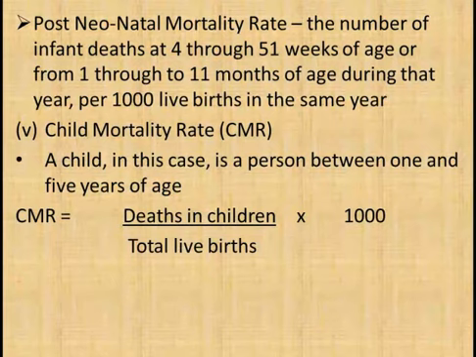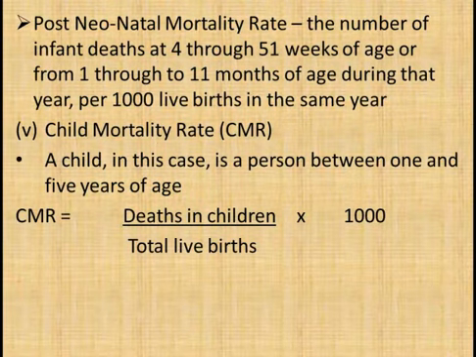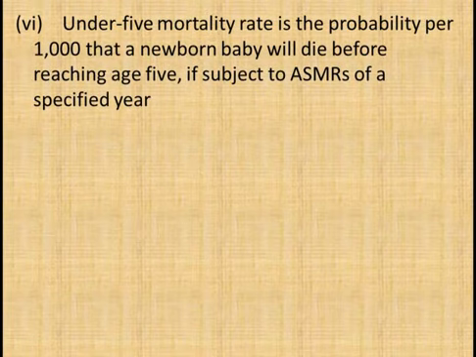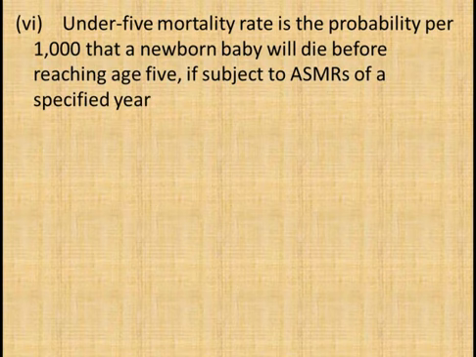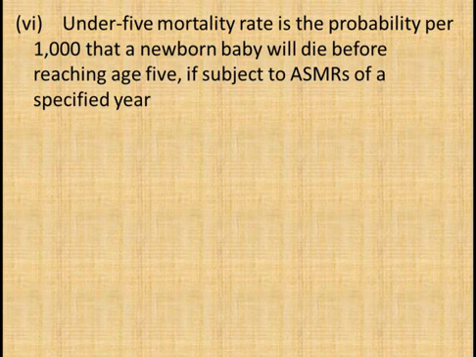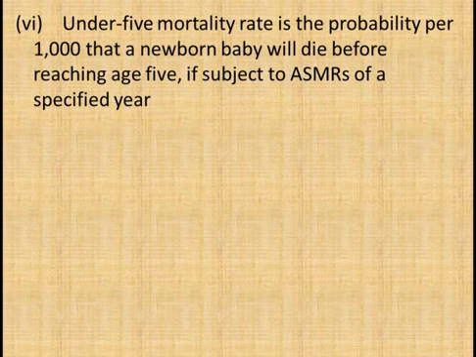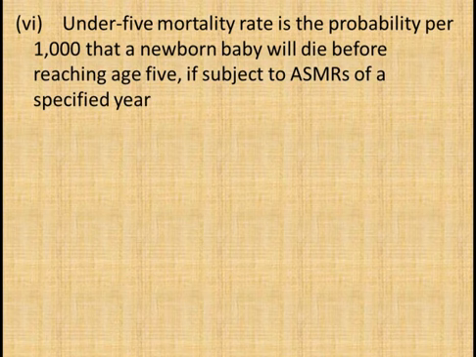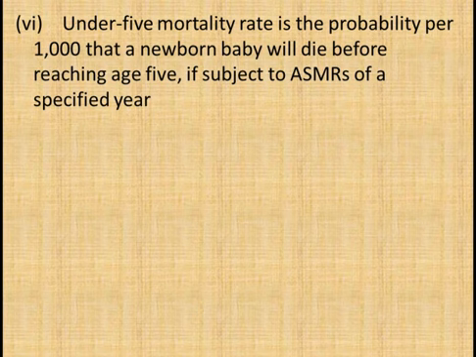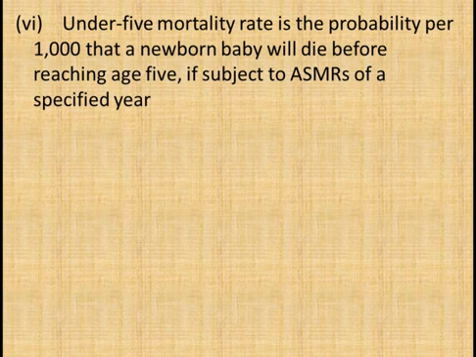We also have a measure of mortality known as the under 5 mortality rate. Under 5 mortality rate is the probability per 1000 that a newborn baby will die before reaching age 5, if subjected to age-specific mortality rates of that year. So the under 5 mortality rate combines the infant mortality rate and the child mortality rate.